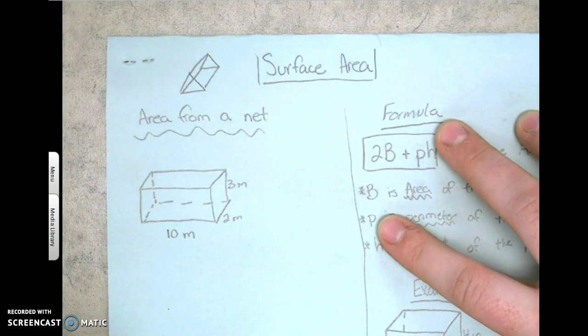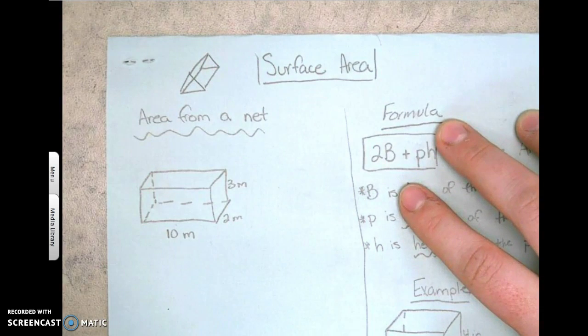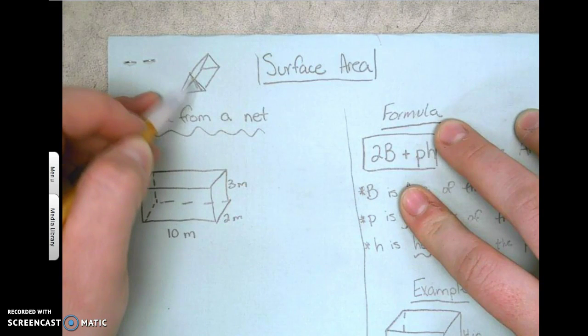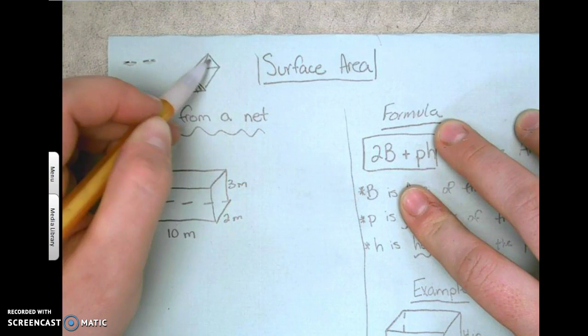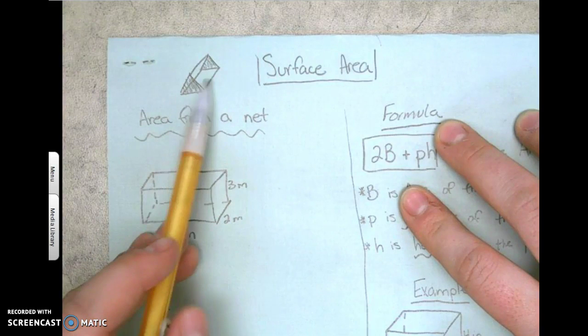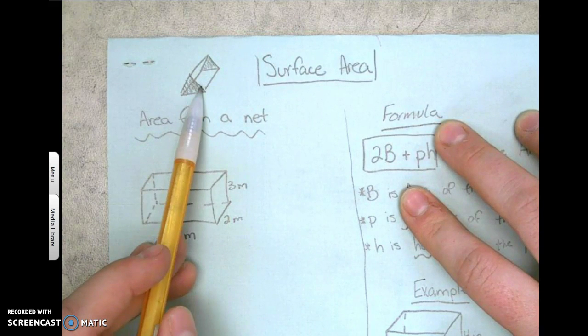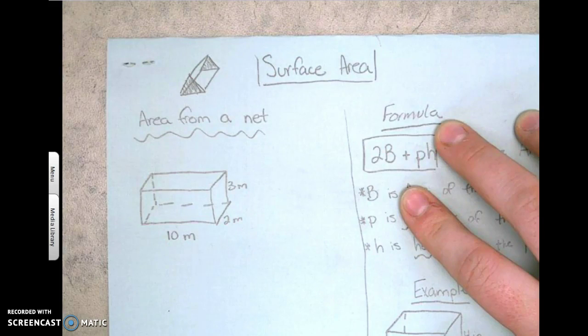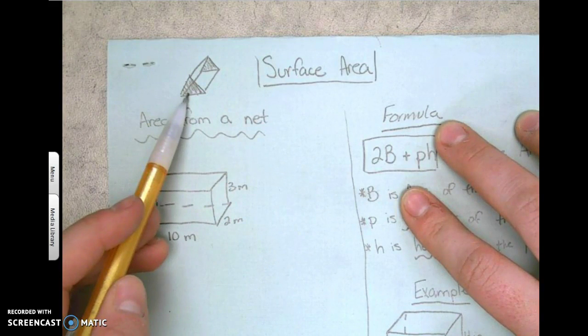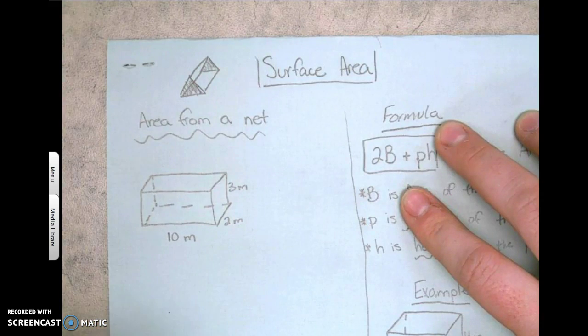That's a triangular prism. When you see 2 of the exact same shape, those are your bases. So in this case, even though there's a rectangle on the bottom, your triangles are your bases because that's the shape that showed up twice, and there are 2 of them.